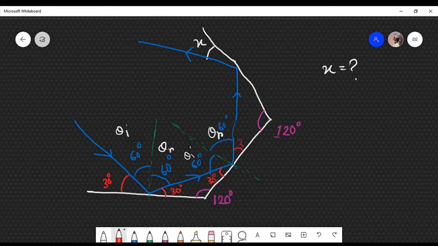That will again be 30 degrees, and again this will be 30 degrees, and due to that, let's draw another normal right there. So this will be again 60 degrees, this will become 60 degrees, and eventually x will be equal to 30 degrees.